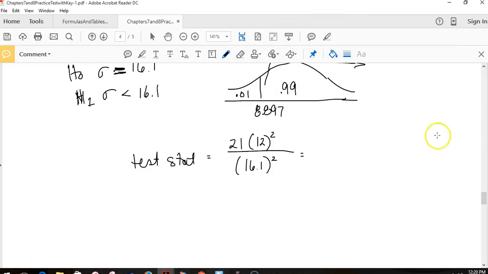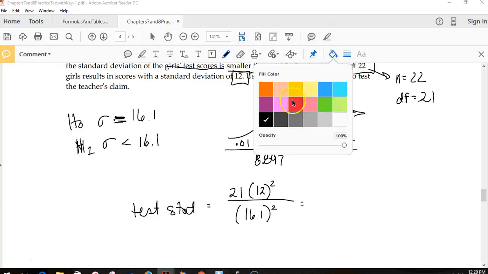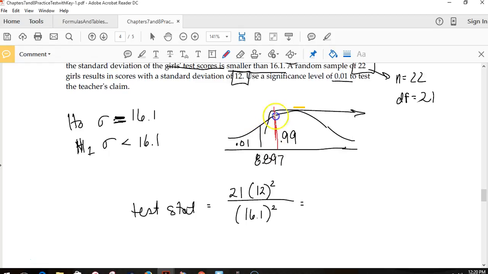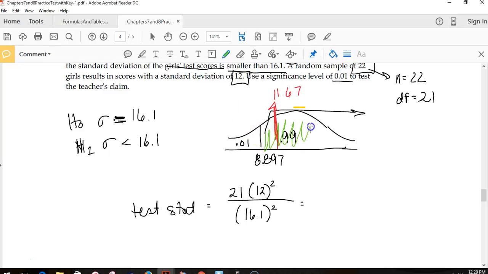And 11.67, if I was going to throw a dart at the map, lands right in here. That is the green zone, right? So if it lands in the big zone, then that's a keep, or what we say, fail to reject.